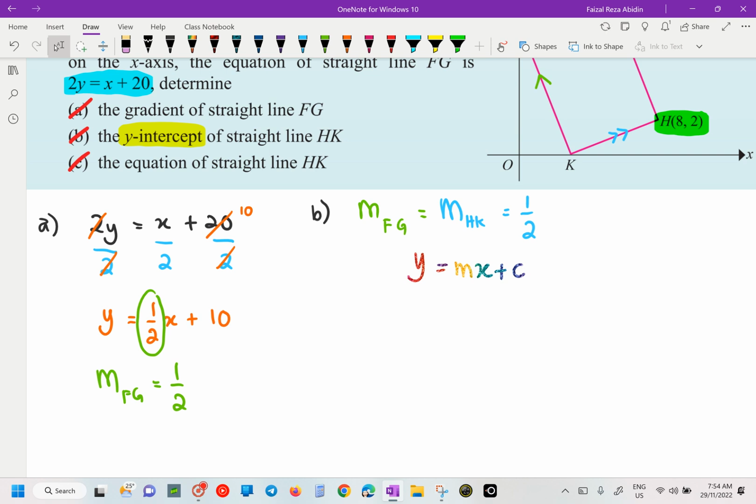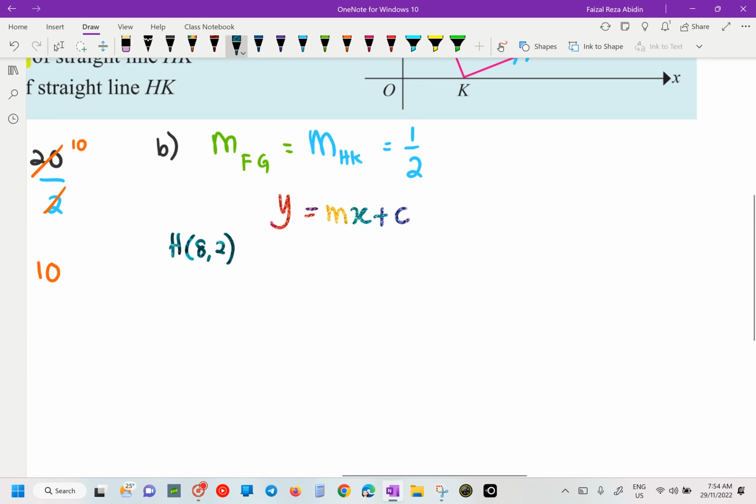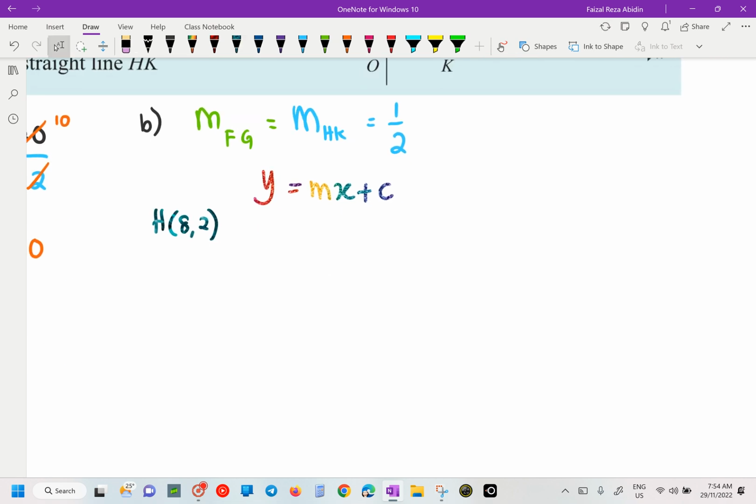So we are going to use our coordinate of H here, 8, 2. So we are going to substitute into our what? Equation of straight line. X is going to be 8 and our y there is going to be 2. So 2 equals 1 over 2 times 8 plus c, where c is the y-intercept.